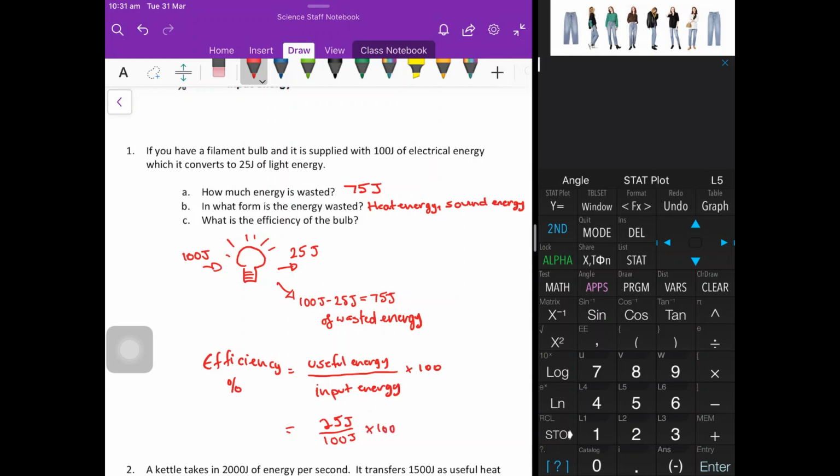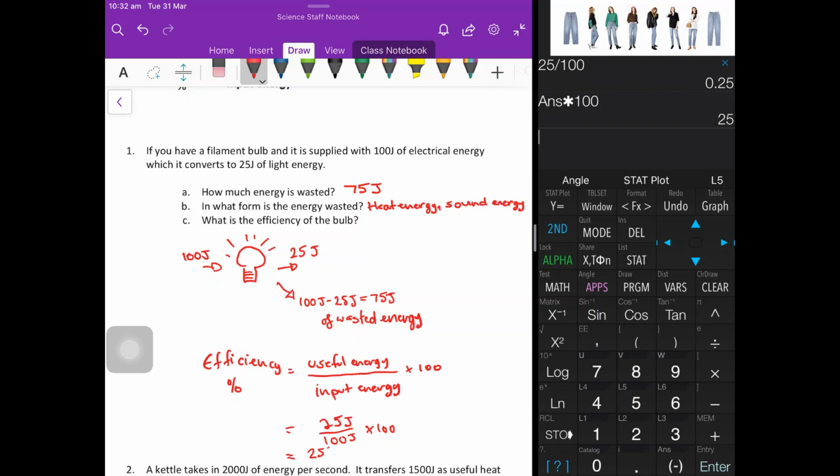Multiplied by 100 is equal to, so I go over to my calculator, 25 divided by 100 times 100 is 25.